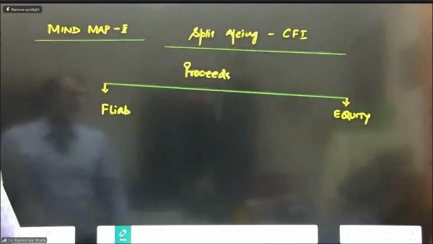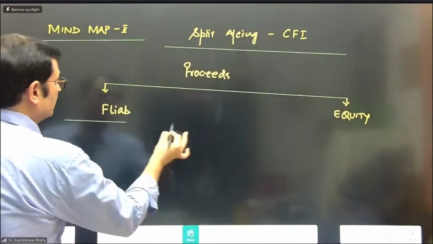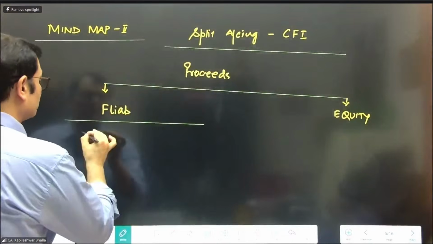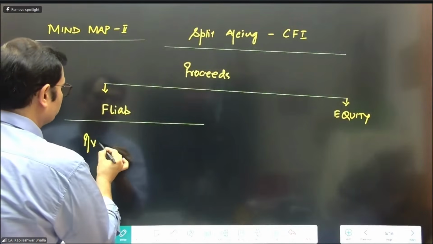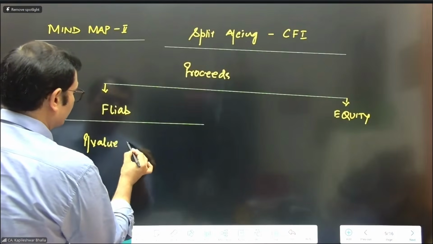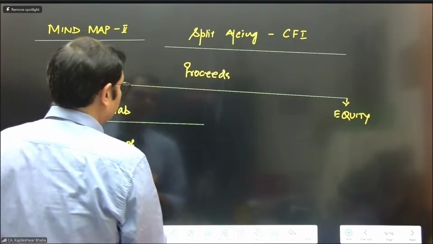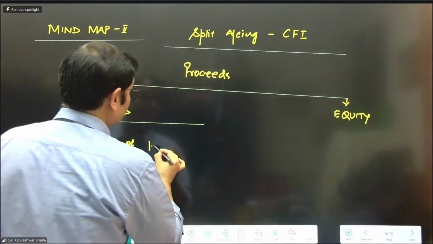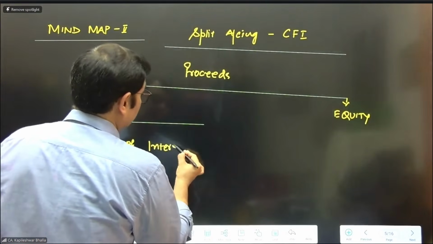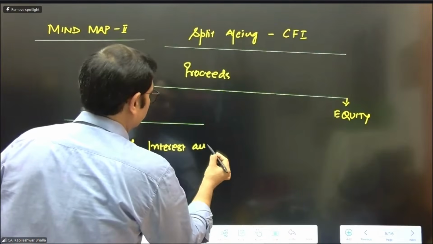When we calculate the element of financial liability, it is supposed to be based on the present value of, generally, the interest and the principal.